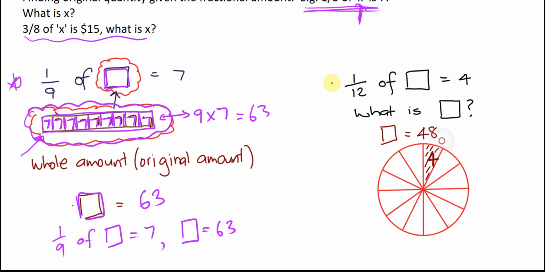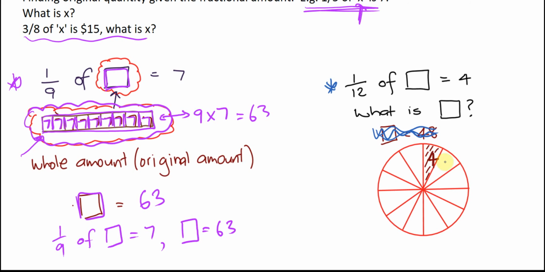I've got 1/12 of something is equal to 4. What is that something? Okay, I can see I've already put the answer in there, so just ignore that. And let's have a look at this circle diagram. I've got a circle and I've split it up into 12 equal sections.